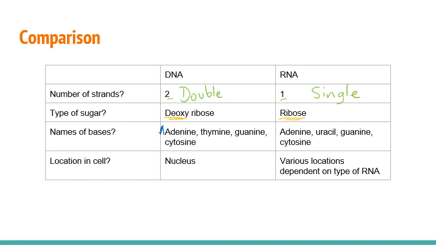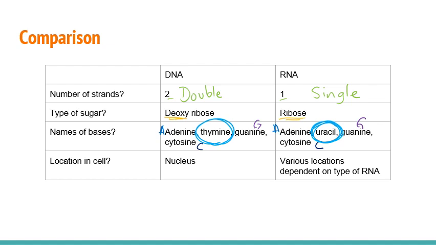We have adenine for both, guanine for both, cytosine for both, and our distinction, DNA has thymine, RNA has uracil. Normally in an exam question, if it asks for the distinction, you would just say DNA has thymine as a base, RNA does not have thymine, it has uracil. It does depend on the wording of the question though.